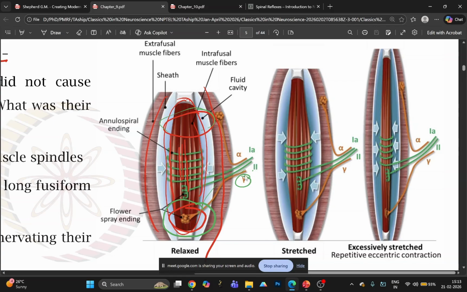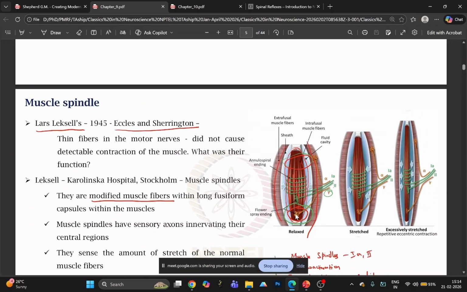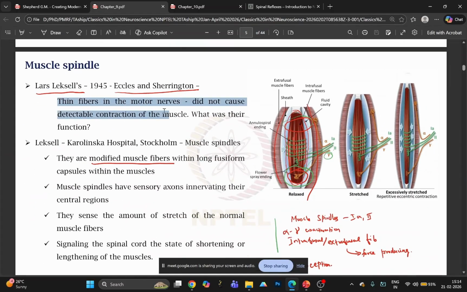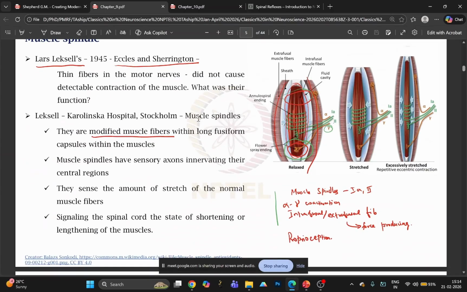And these gamma motor neurons are present at the ends, at the polar ends. So they are not present at the center, they are present at the ends. So Lars Leksell found that these thin fibers are the ones that are actually innervating these muscle spindles.